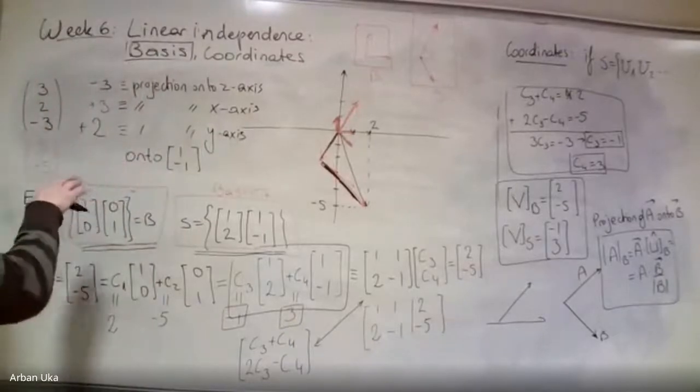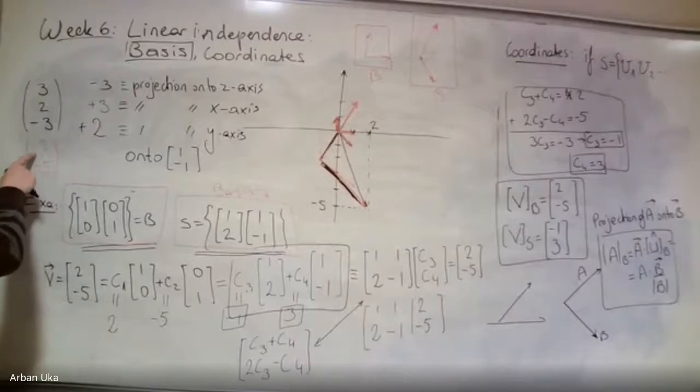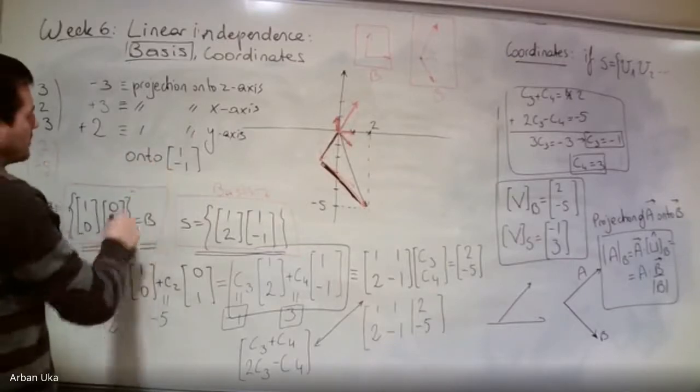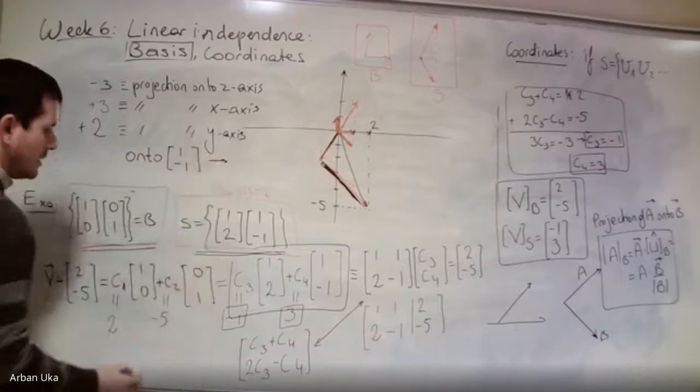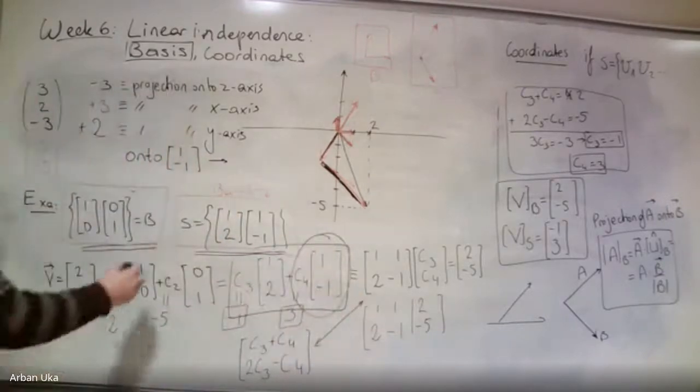Now, maybe here, a better question is this. How many units of this vector would fall onto this? So what is C4? This is what we're trying to ask actually.